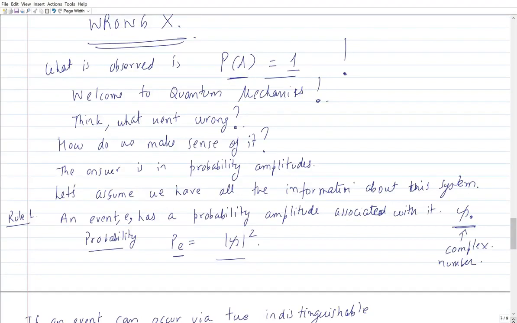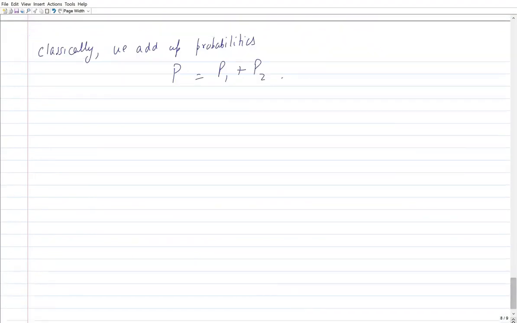That's what our classical intuition tells us, that if an event can happen through two different processes, I add up the probabilities. The chances just add up for events which can happen through two different alternatives. Quantum mechanically, we add up probability amplitudes.